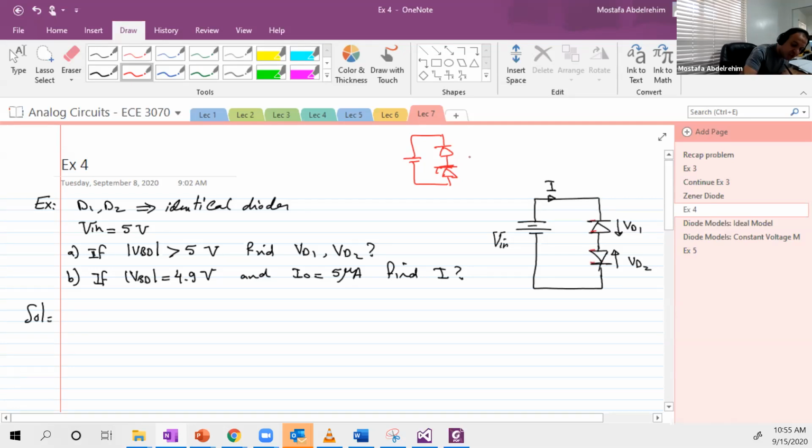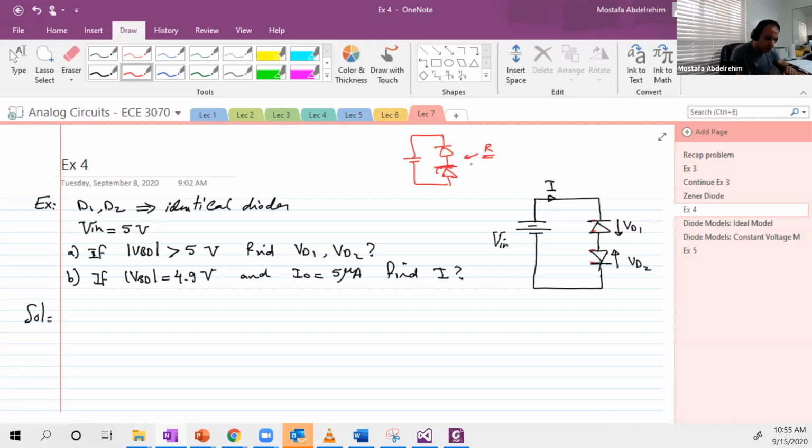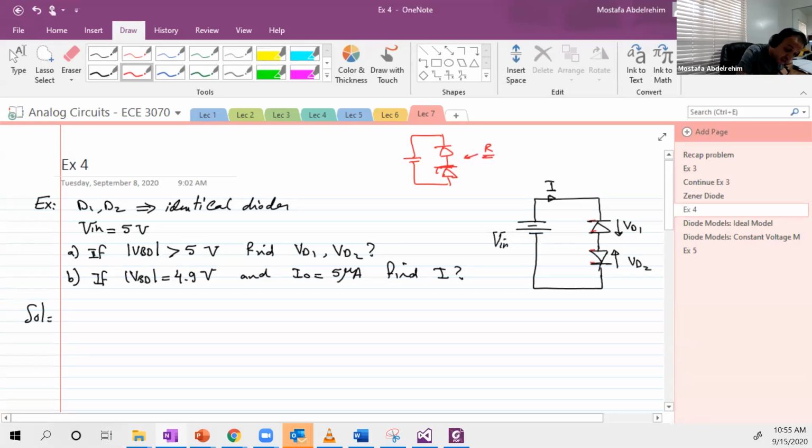In that situation, both were reverse bias, but here they are not in the same region. Now here, D1 is reverse because its N is closer to the positive terminal. Its P is closer to the negative terminal.